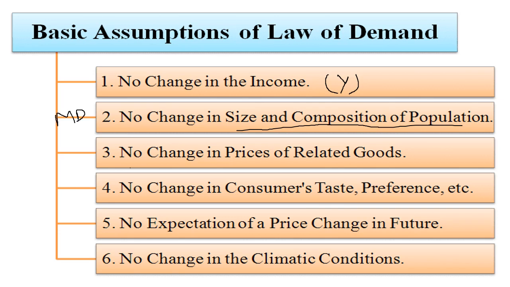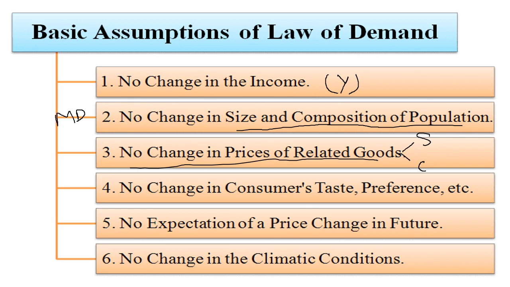No change in the price of related goods. Related goods includes two types of goods, that is substitute goods and complementary goods. Clear? No change in the consumer's taste and preferences. No expectation of price change in near future, and no change in the climatic condition.